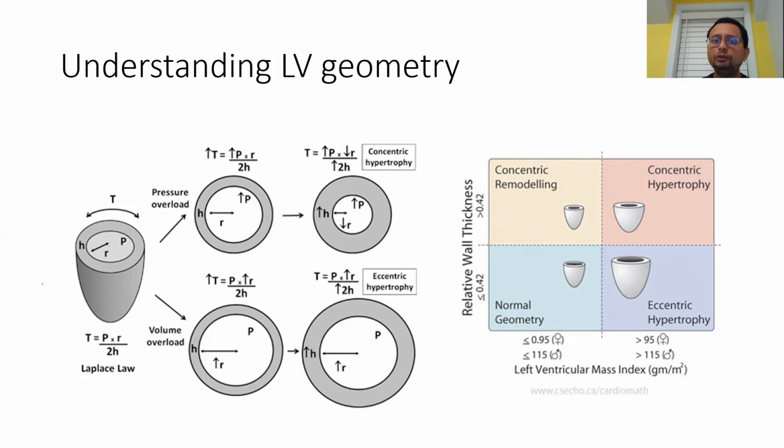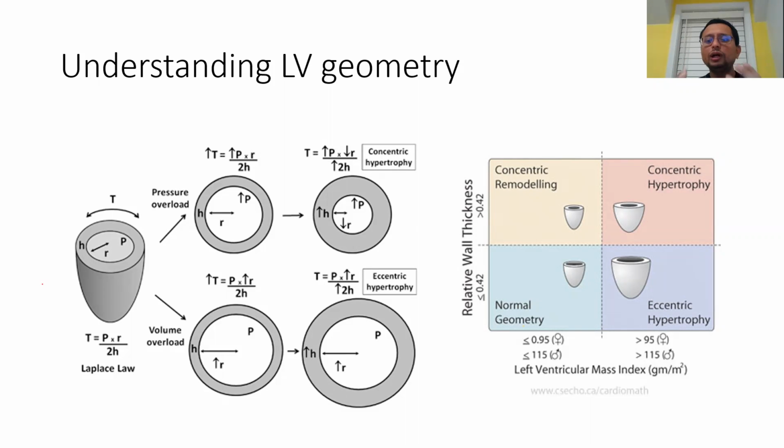Okay, so now you understand how you answer whether the left ventricle is hypertrophied or not. What about the ratio of the wall thickness to the cavity? This is what we call relative wall thickness. How thick is the wall compared to the left ventricular cavity?